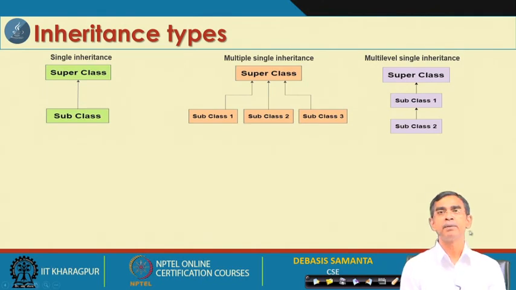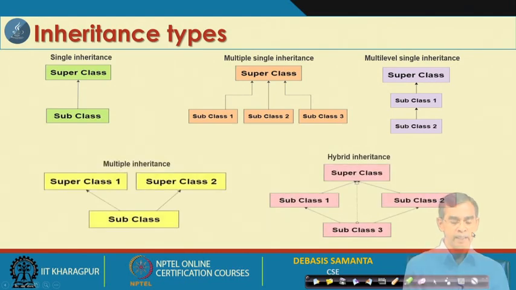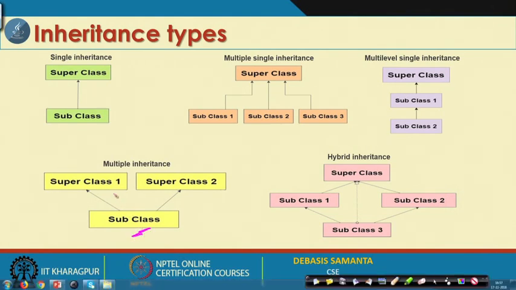Other than multi-level single inheritance, there is a concept called multiple inheritance. Here, for example, this class inherits from this and this. If a class inherits from two classes, then it is an example of multiple inheritance. And here is the hybrid example. Here, for example, this class inherits from this one, so this is single. However, this class inherits from this one too.